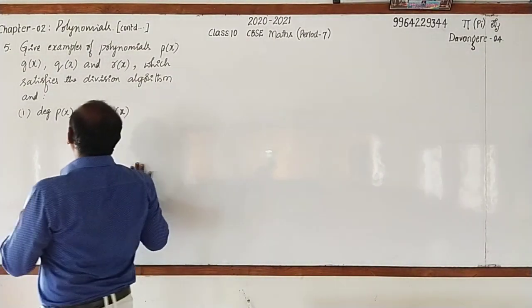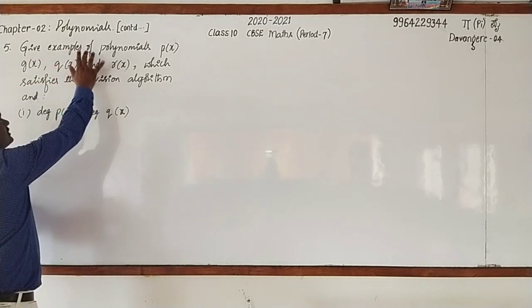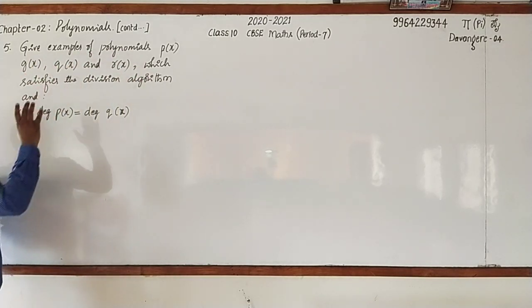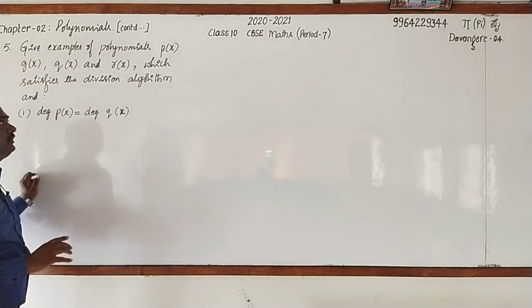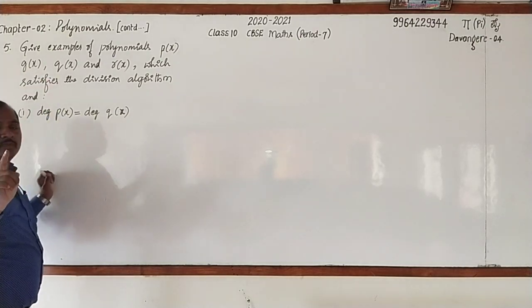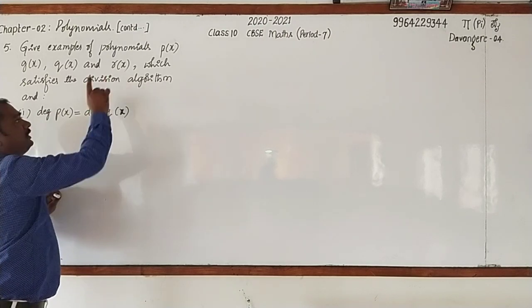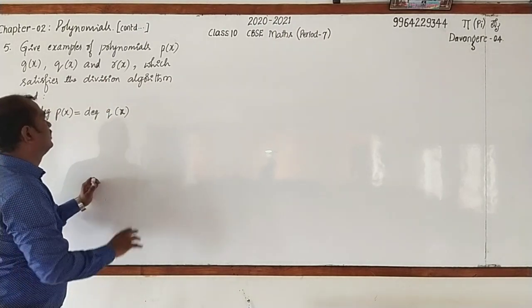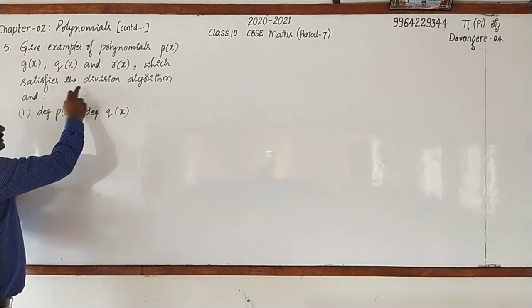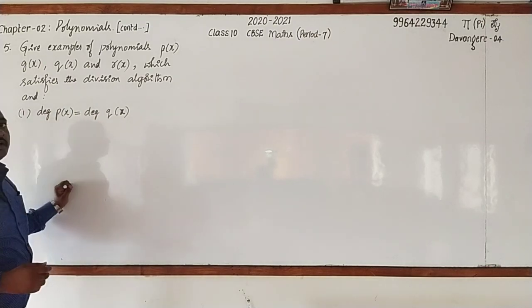It has been given like this. Give examples of polynomials p of x, which is the dividend, g of x, which is the divisor, q of x is quotient, and r of x remainder, which satisfies the division algorithm. What is the division algorithm?